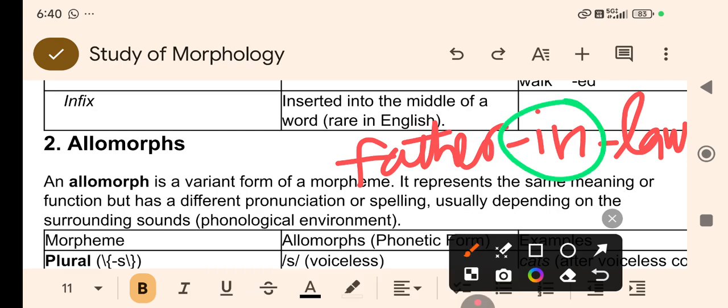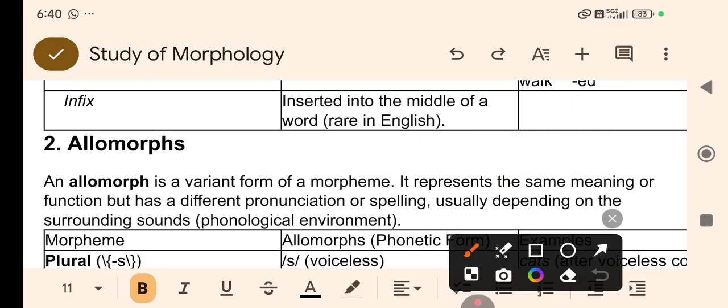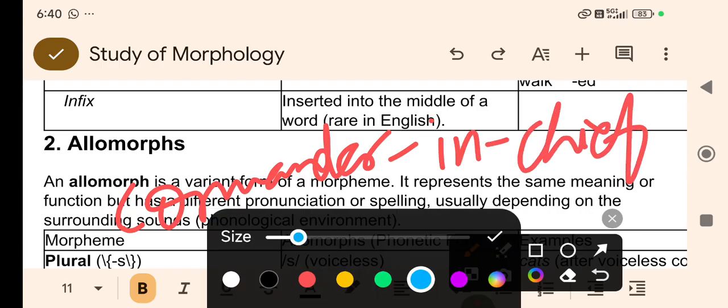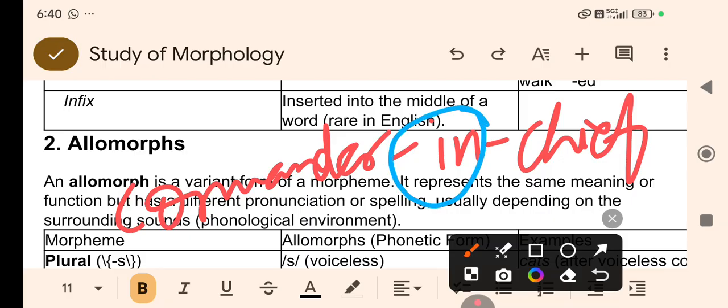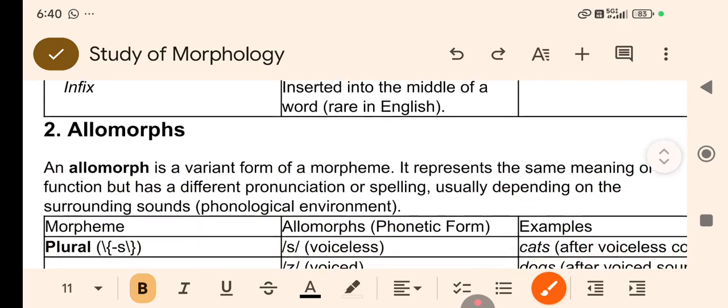Another example, commander-in-chief. So this is called an infix, inserted in the middle of the word. Okay, so these are the three affixes: prefix, suffix, and infix.